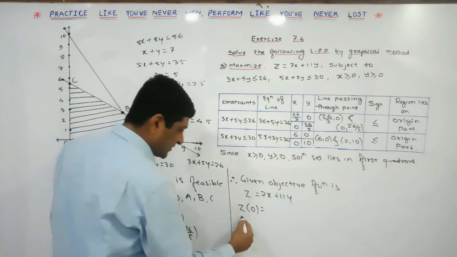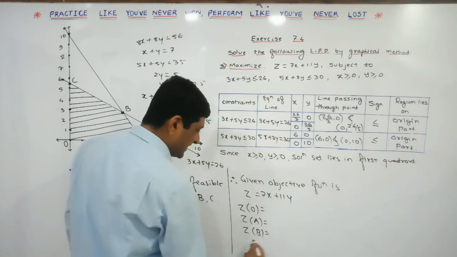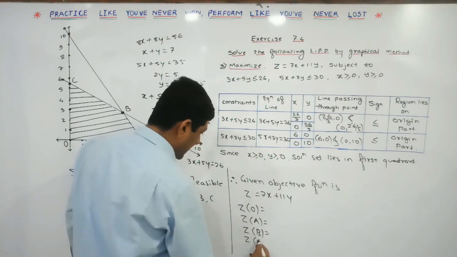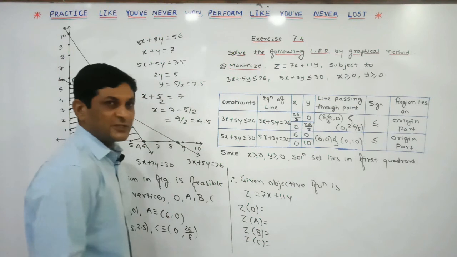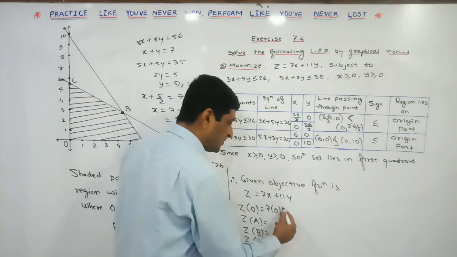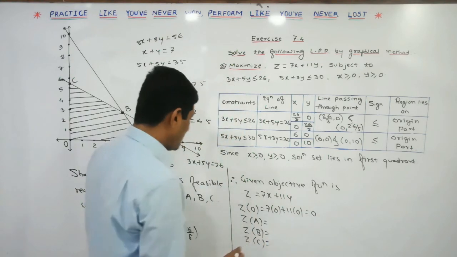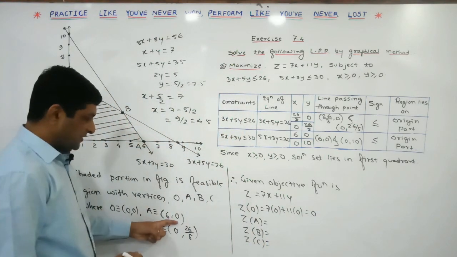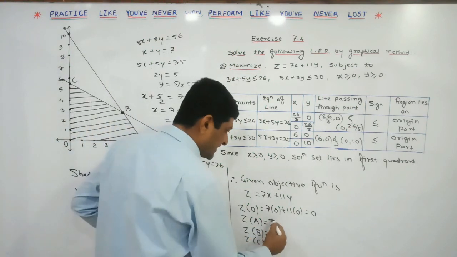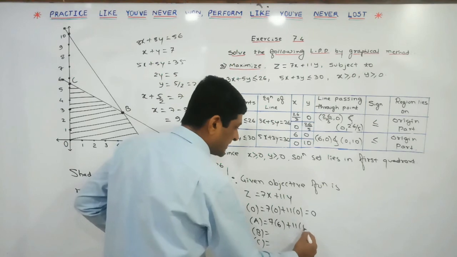Which are the vertices? O, A, then the value of the objective function at the next vertex B, and lastly at vertex C. So here replace x by the x coordinate of O, that is 0, and y by the y coordinate, so we will get 0. Now observe the coordinates of point A are 6, 0.